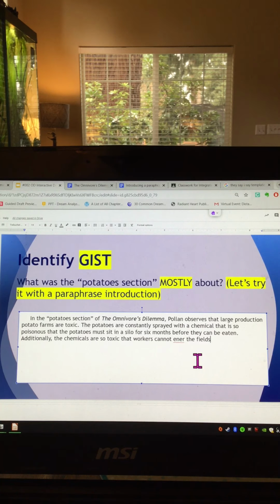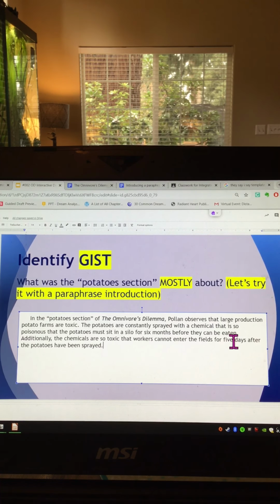That no one's allowed in the field for 5 days. Cannot enter the fields, E-N-T-E-R, cannot enter the fields for 5 days after the potatoes have been sprayed.